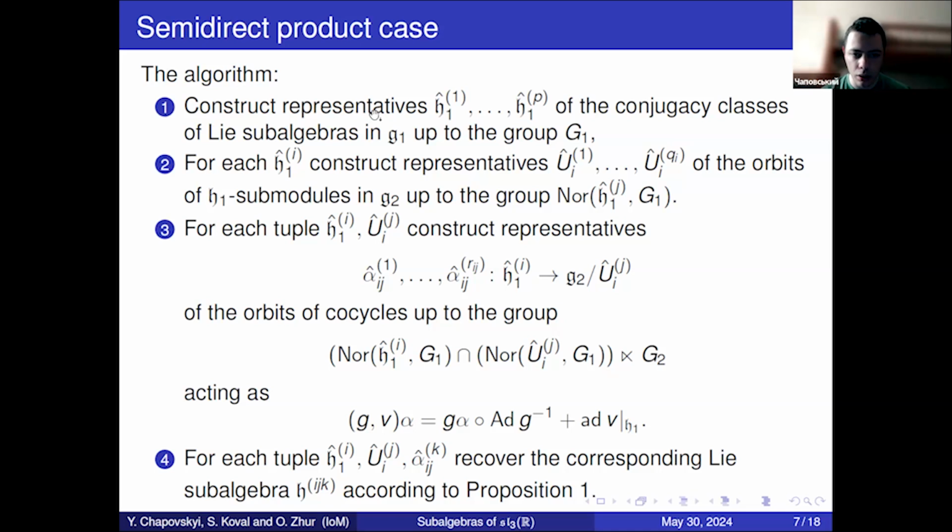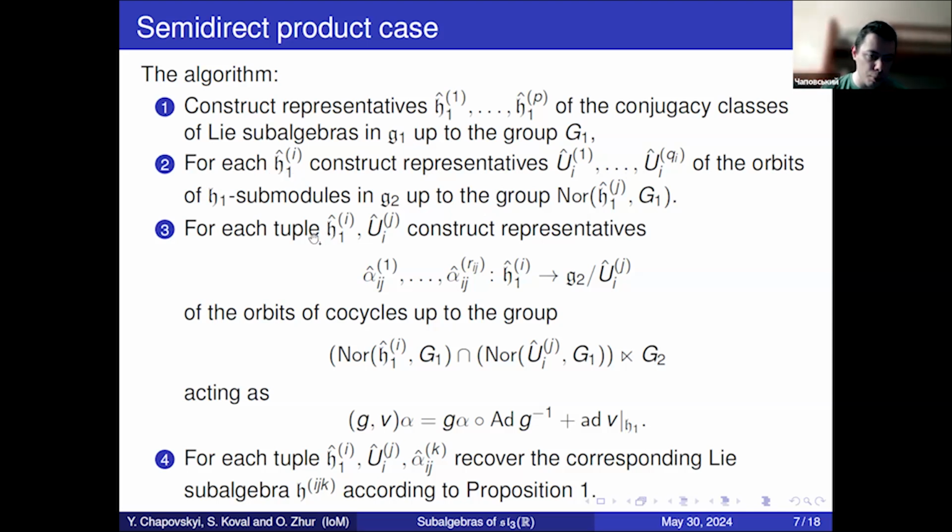First, we construct representatives of each one of the conjugacy classes of subalgebras in G1. Then, for each representative H1, we construct representatives of submodules up to the group of all elements which do not move the representative H1.